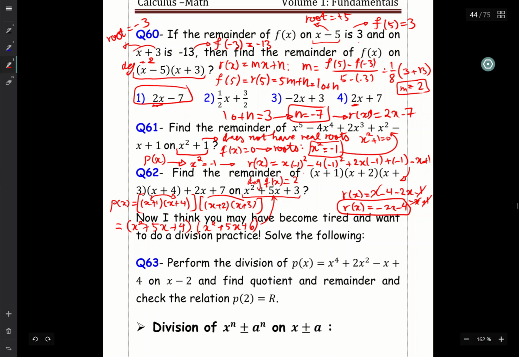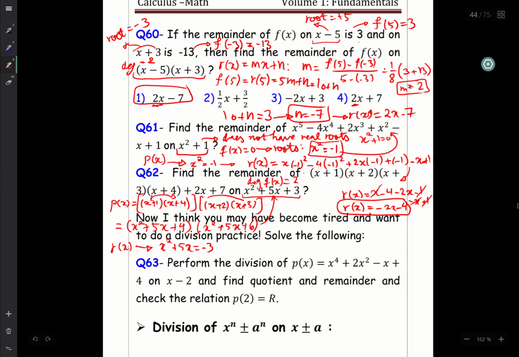So if I want to find r(x), basically I have to check the two roots of q(x). But the two roots satisfy the equation that x^2 + 5x should be negative 3.